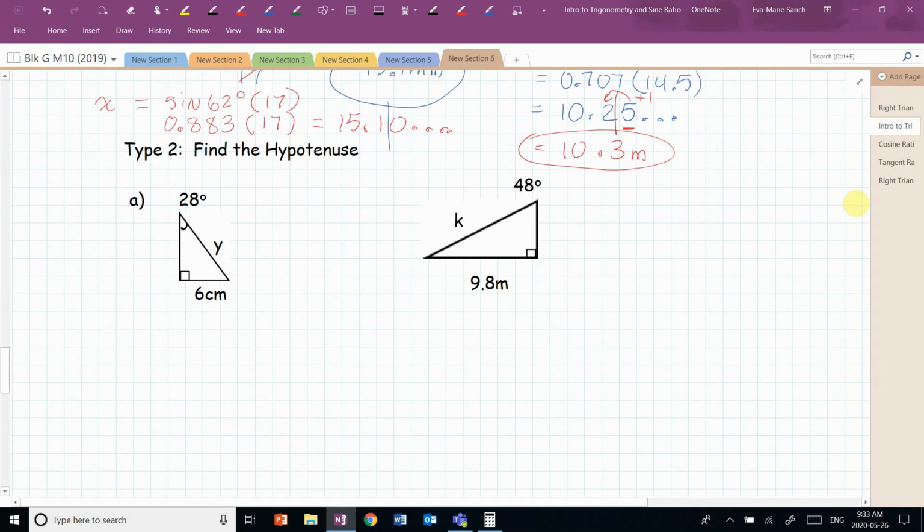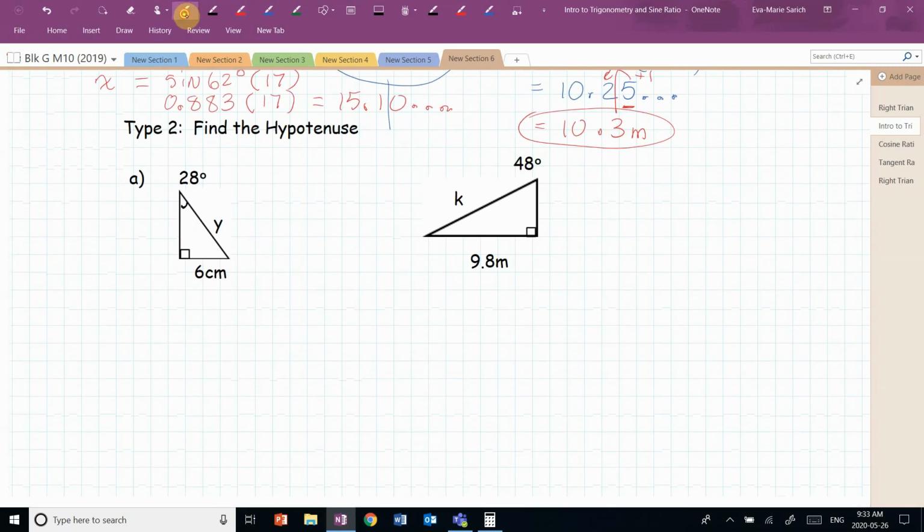The next 2 examples are finding the hypotenuse side. Now remember, these questions are designed to be using the opposite and the hypotenuse because the sine ratio uses opposite and hypotenuse. So all these questions have opposite and hypotenuse.